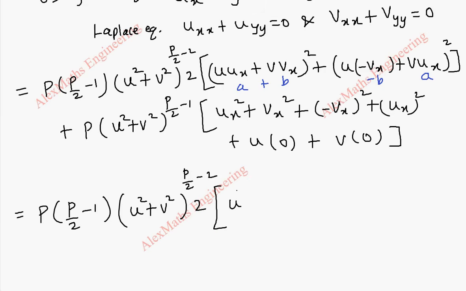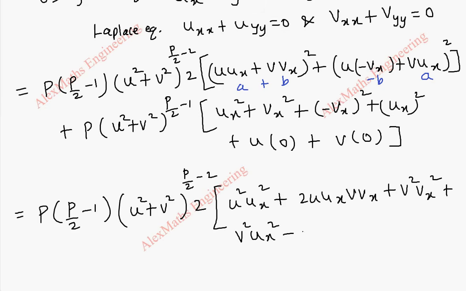Expanding this, we get u square ux square plus 2u ux v vx plus v square vx square, plus this expansion will be v square ux square minus 2u vx v ux, sorry, I have written it in a different order, and the last term is u square vx square.